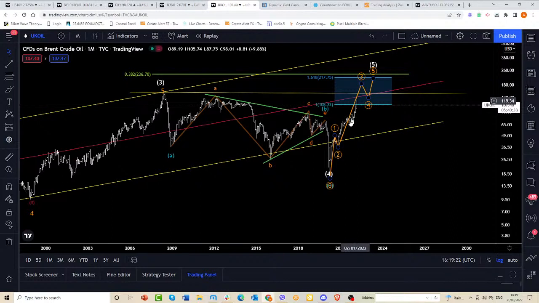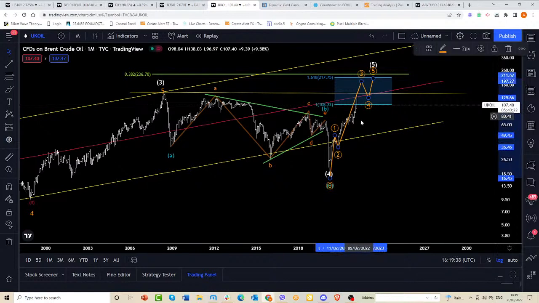It is still not the shortest wave in the sequence, but I can easily imagine this extending further on the upside, reaching new highs. So I will continue to monitor this potential new high in front of us in oil, a small correction and then further continuation.